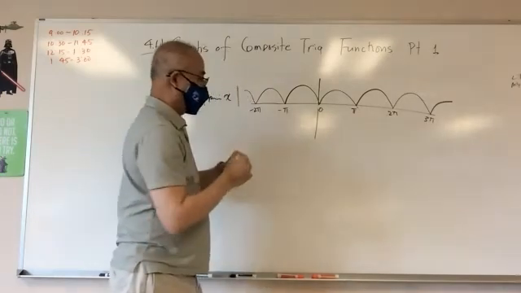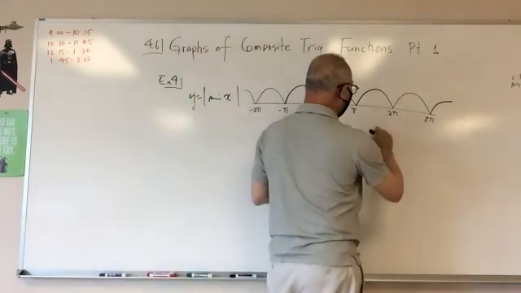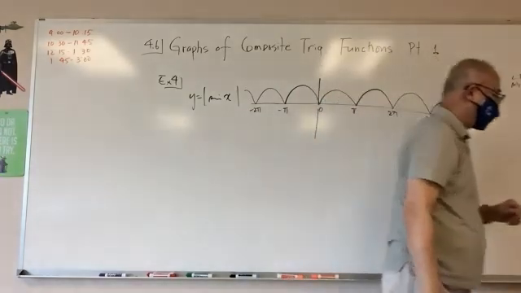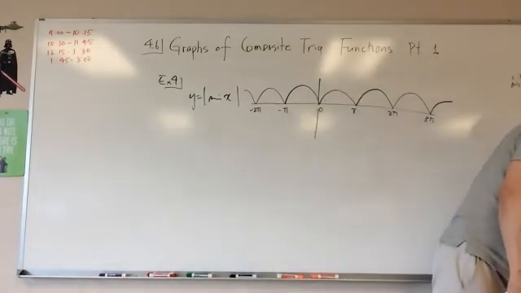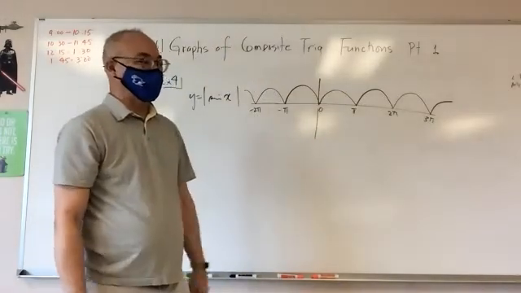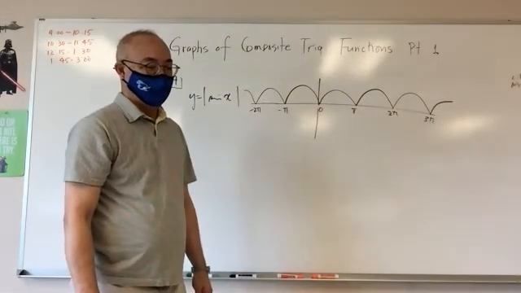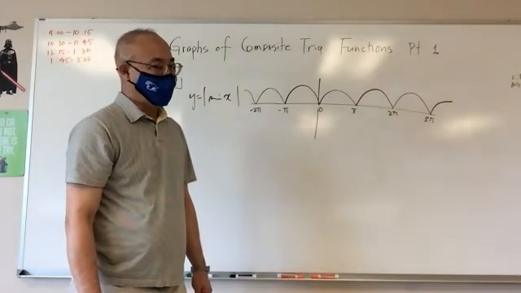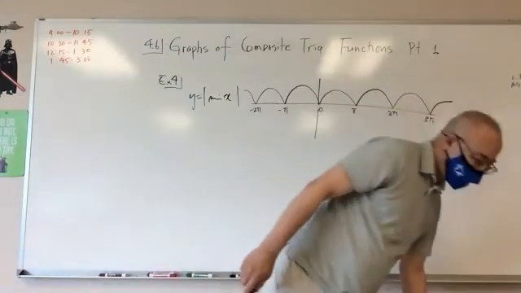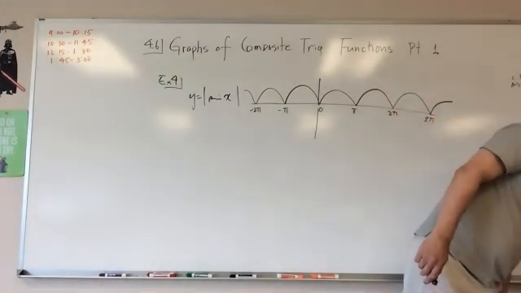I was busy with another person. You were what? I had to talk with someone else. Caden, what is the period of this graph? I think I heard the correct answer. What was it? 2 pi.